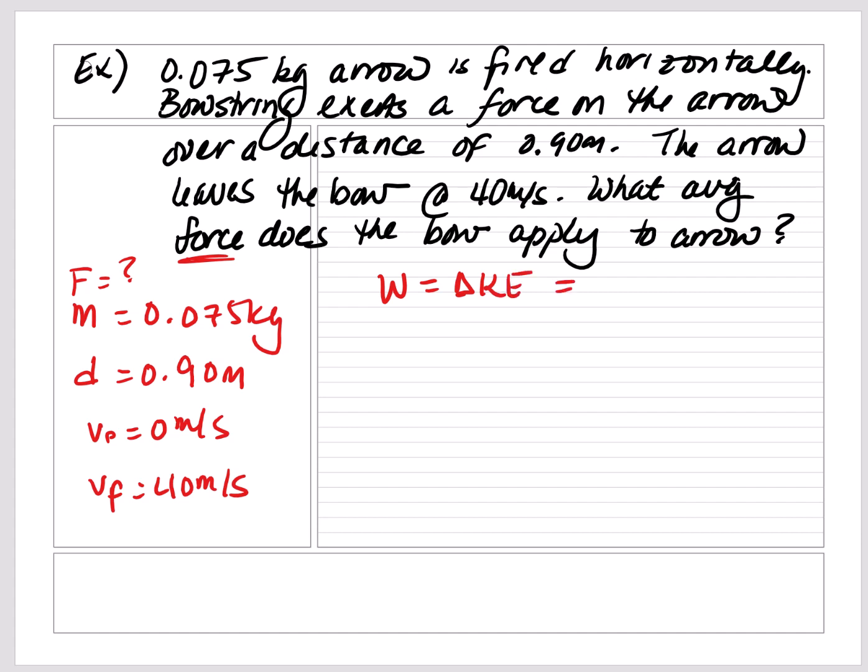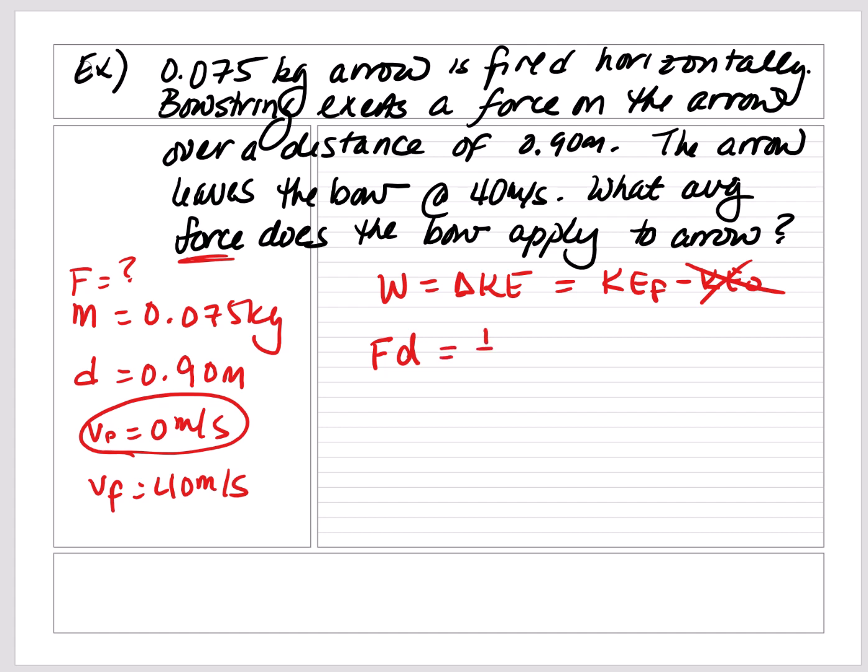So I could expand kinetic energy final minus kinetic energy initial. I could already cancel out initial. Why? My initial velocity is 0. I need to expand force times distance for work because they're not looking for work, they are looking for force.